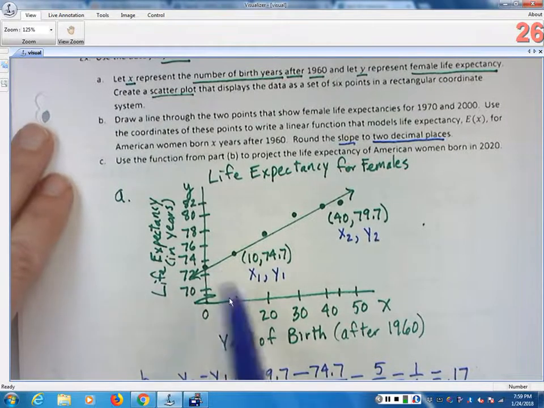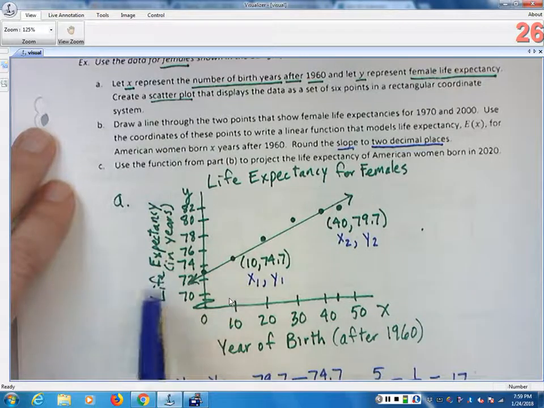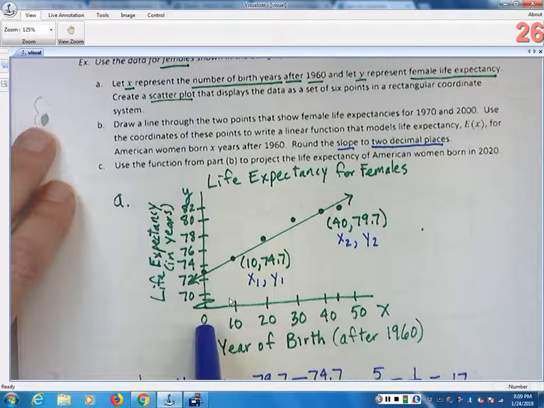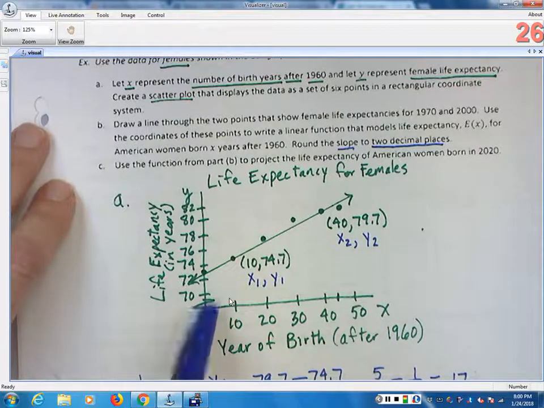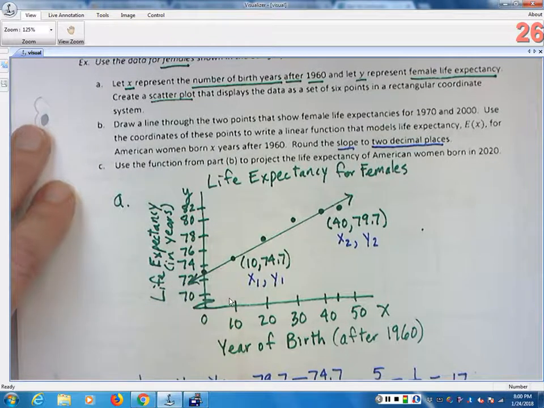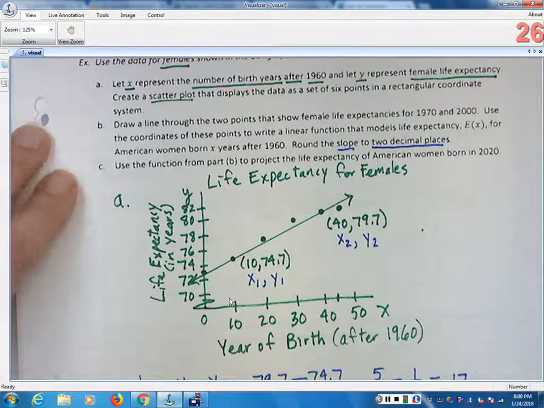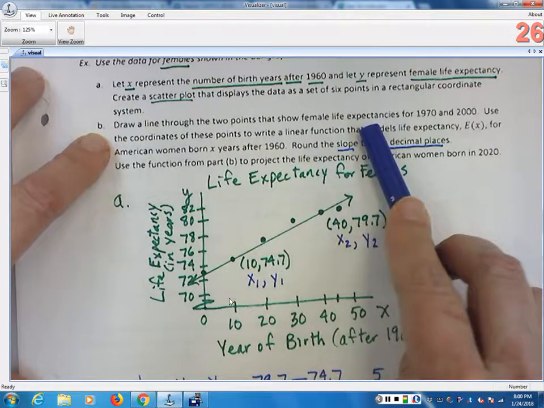I made an axis, I wrote a title, axis titles, and I made it go by tens, and the last number was at 44, and not 50. And then it said on part B to draw a line through the 2 points that show female life expectancies.